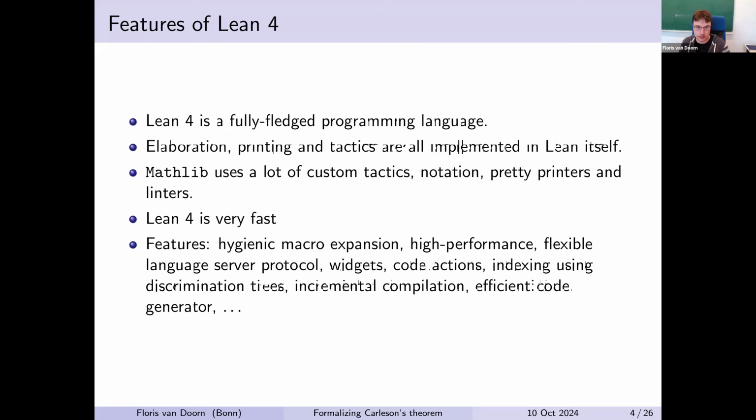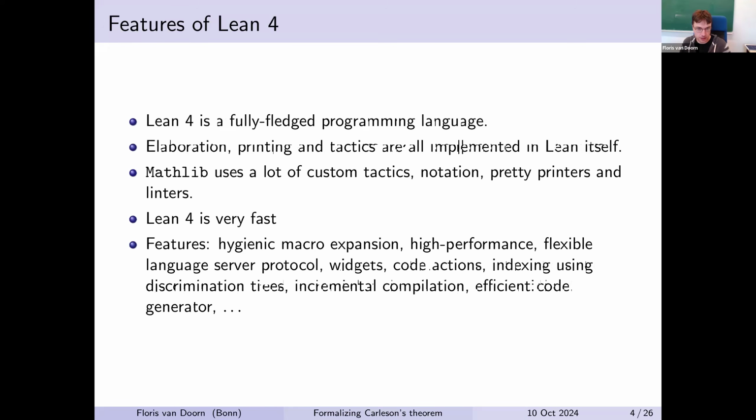One thing that is nice is that basically all the components of Lean are implemented in Lean itself. Things like elaboration, figuring out all the implicit information you don't give the proof assistant, such as implicit arguments and type classes, but also executing tactics and the pretty printer. All these things are implemented in Lean itself.